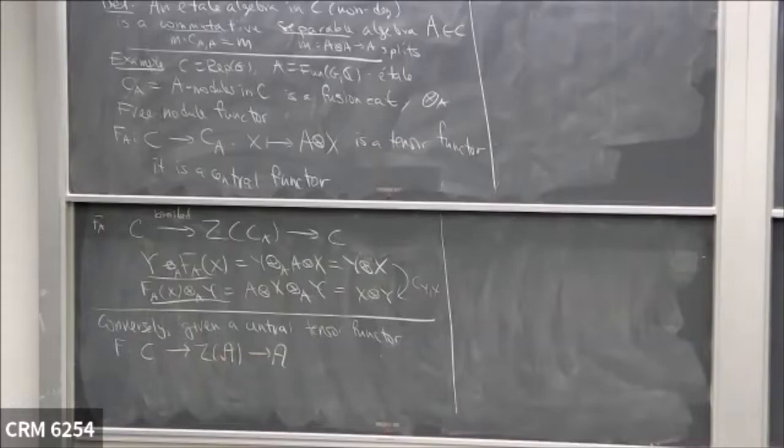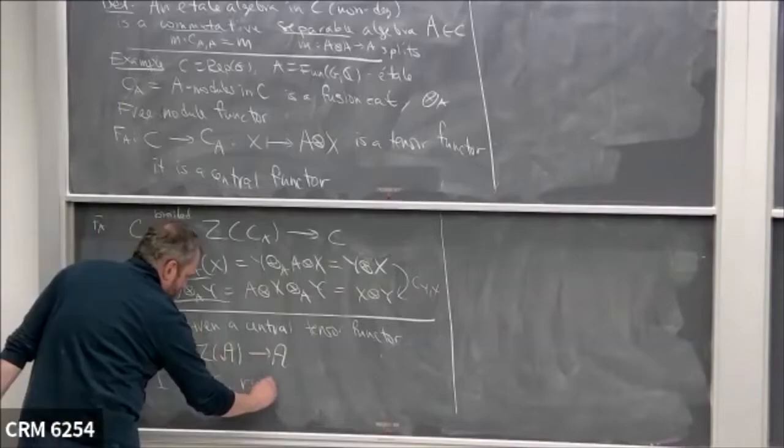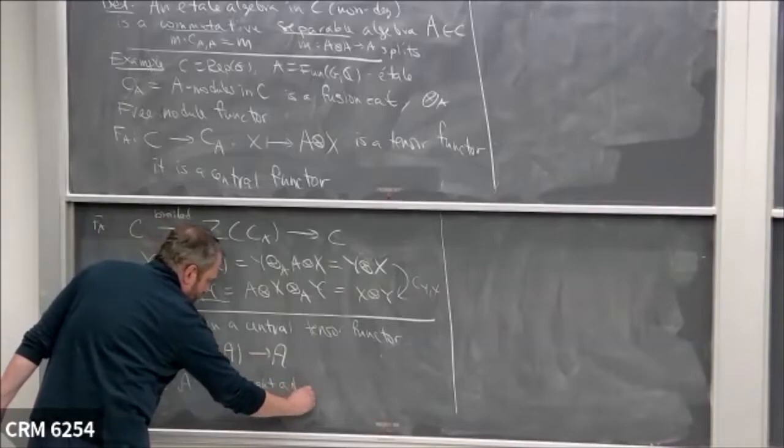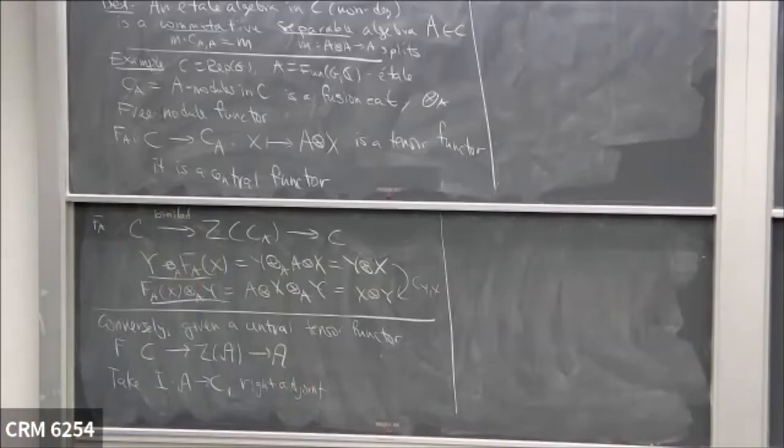So then what we can do, we can take its right adjoint. Now the adjoint of a tensor functor is not a tensor functor in general, of course, but it takes algebras to algebras.